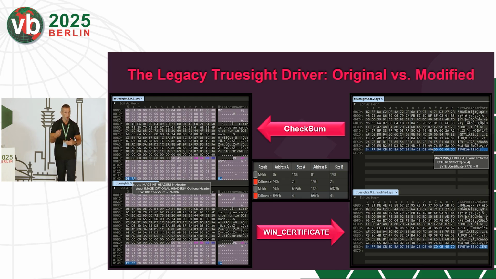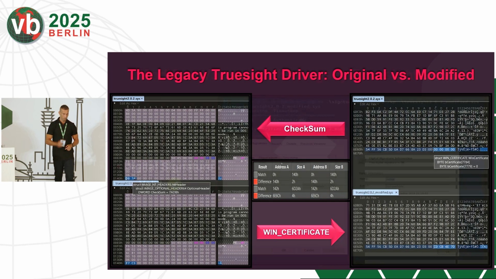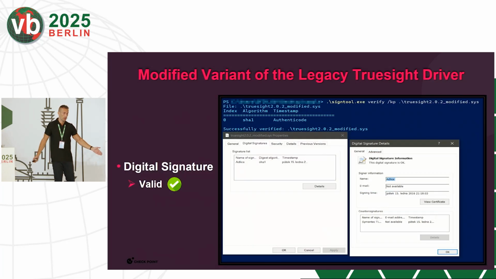And if they are not, they are padded by 0 bytes, and this padding can be freely modified without invalidating the digital signature because it's outside of the cryptographic data. And if we check the digital signature with kernel policy, it's verified as valid. We can load it even on the latest Windows 11, even the modified variant.